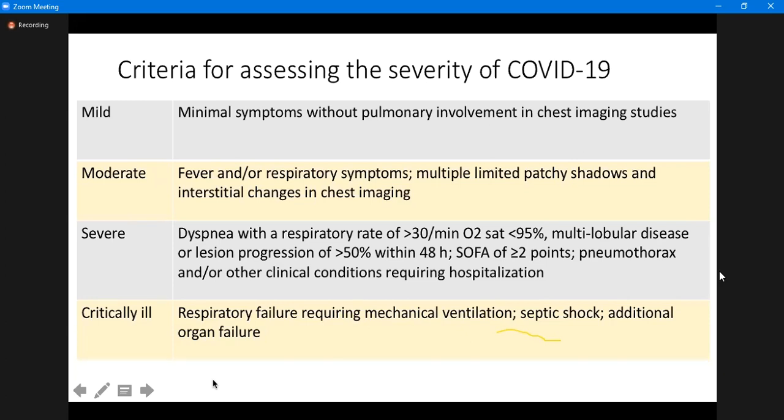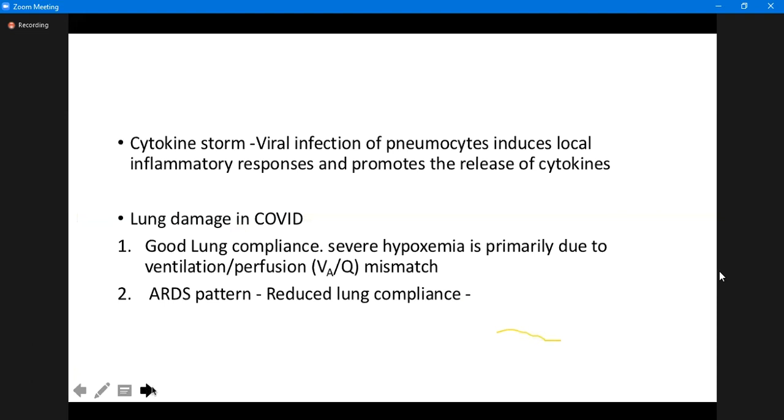And a SOFA score, I'm sure you know, of more than 2, and pneumothorax or other clinical condition requiring hospitalization is severe COVID. And critically ill COVID are people who have respiratory failure requiring mechanical ventilation, or septic shock, or additional organ failure. We look at what organs could be damaged.